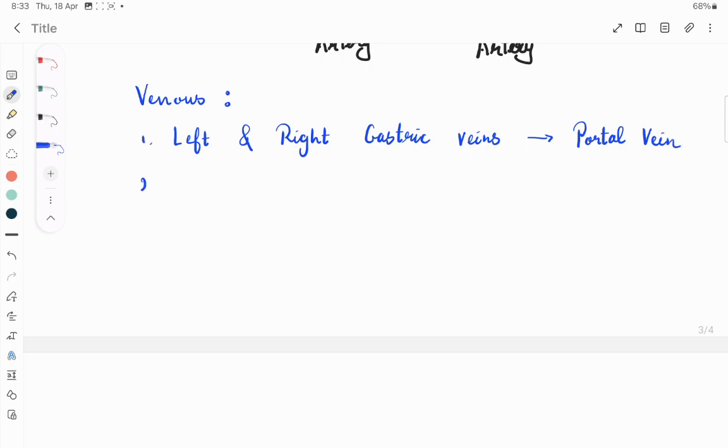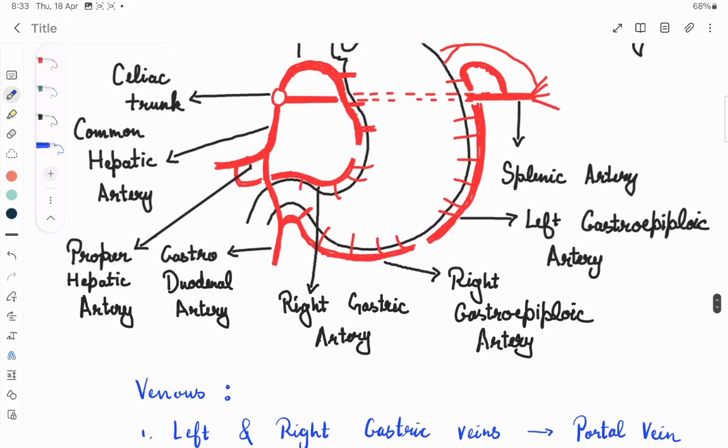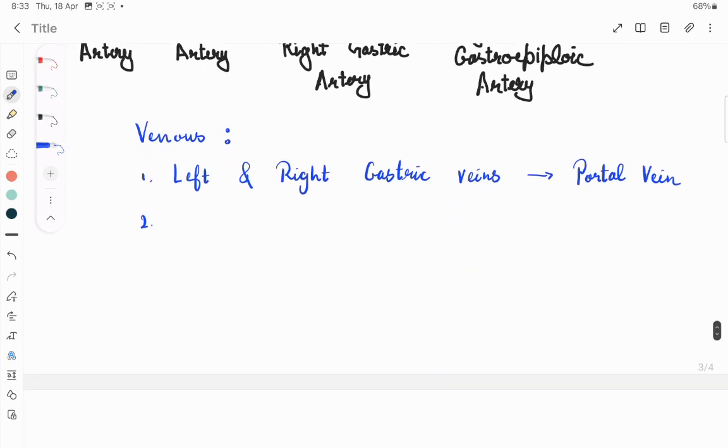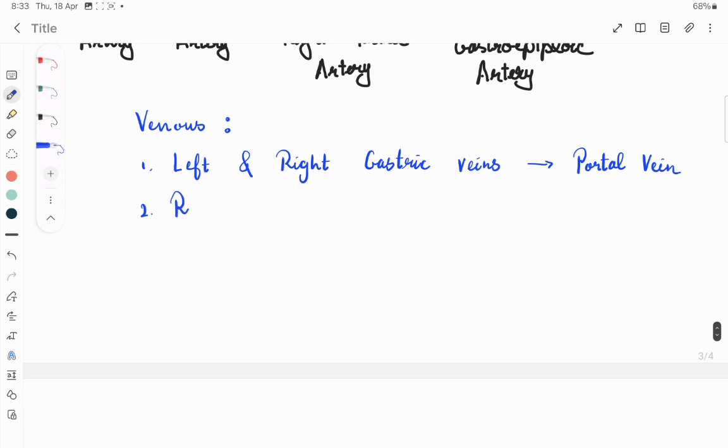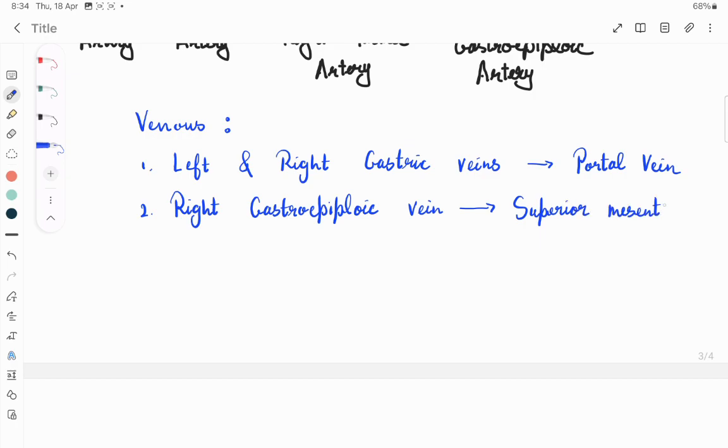Number 1. Number 2 is the right gastroepiploic vein. The right gastroepiploic vein drains into the superior mesenteric vein.